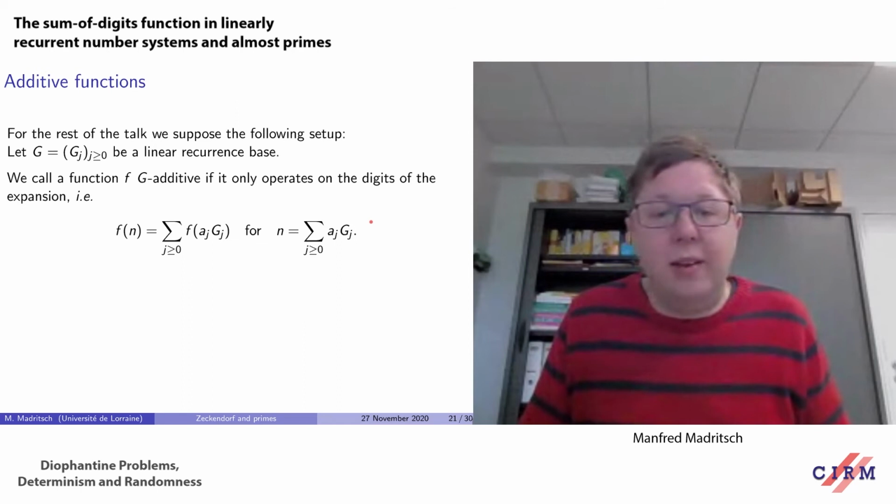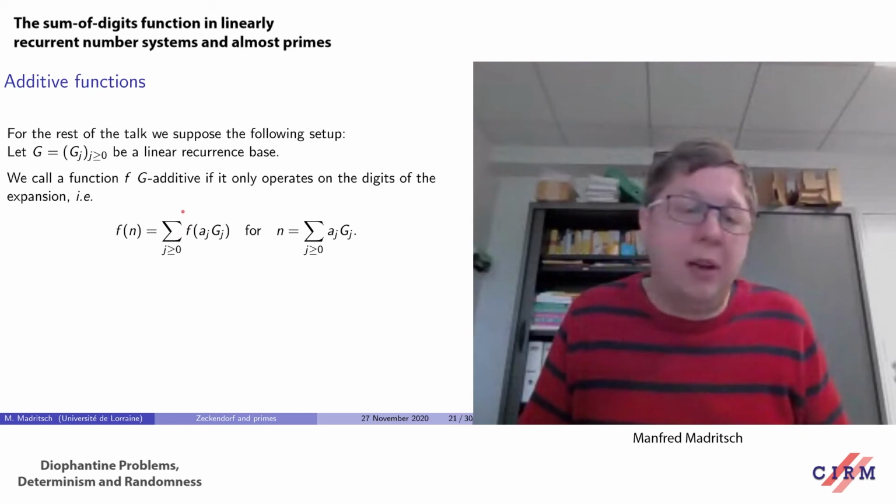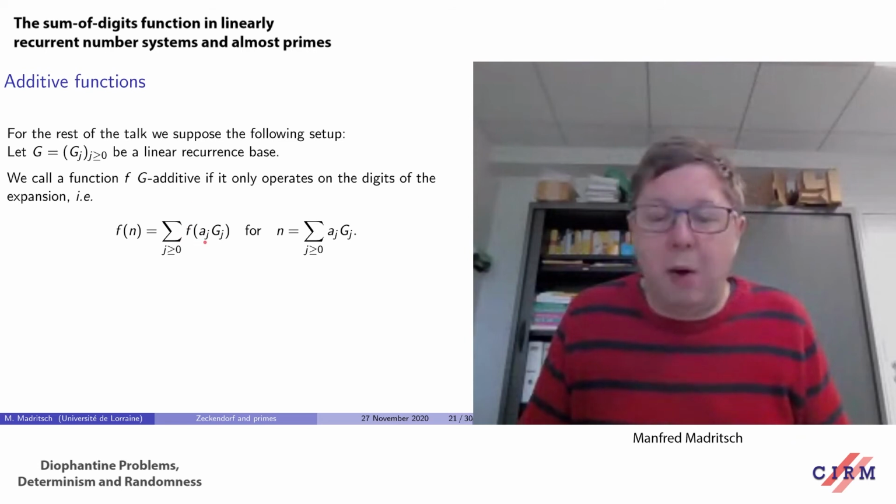define q-additive functions. In this case they are called g-additive, and these are functions that only work on the digits of the expansion. So we have an n, we have its digits, and f operates on the digits. If it's additive, then it takes the sum. If it's multiplicative, then we take the product.